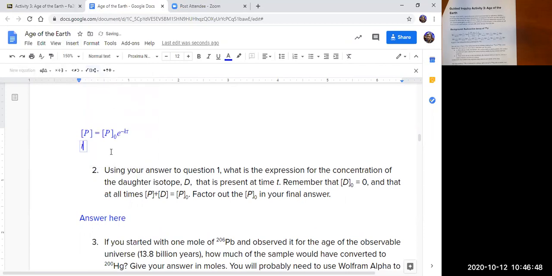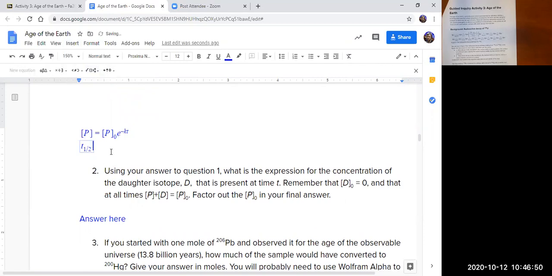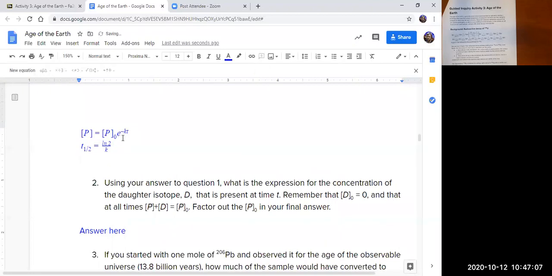We need a subscript, t 1/2 equals, we're going to need a fraction. So we need the natural log of 2 over k. Now, because we have a k in here, the most convenient thing to do is to solve this for k so that we can plug in.